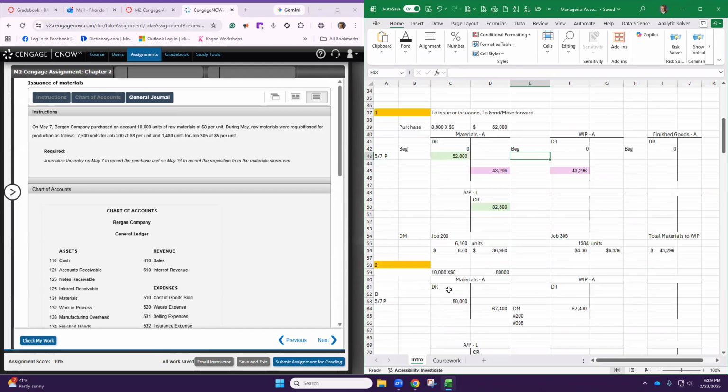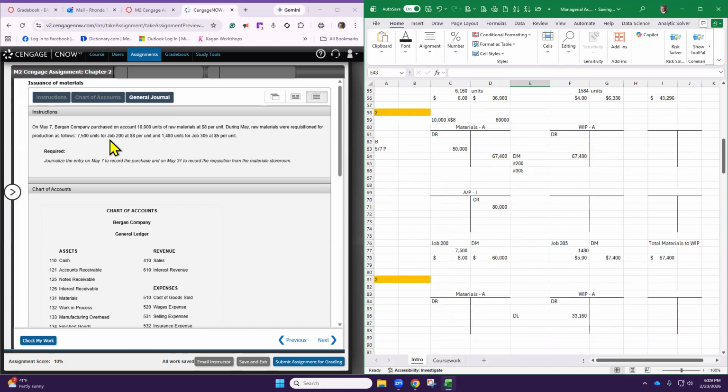Okay, now we're going to do another one. This time it's going to be job 200. Okay, we're staying with the same job number. That's nice. So let's go ahead and find our, okay, just a second. All right. Okay, so it looks like we've got 10,000 units at an $8 cost.